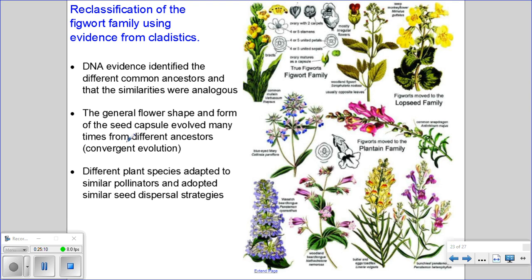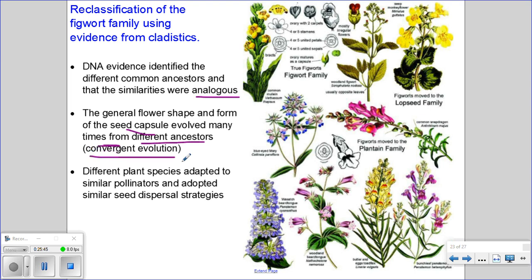So the DNA evidence identified the different common ancestors, and that the similarities between these plants were analogous. They were based on superficial structural features that looked similar, but were ultimately different in their underlying structure. That general flower shape and form of the seed capsule evolved many times from different ancestors, as an example of convergent evolution.